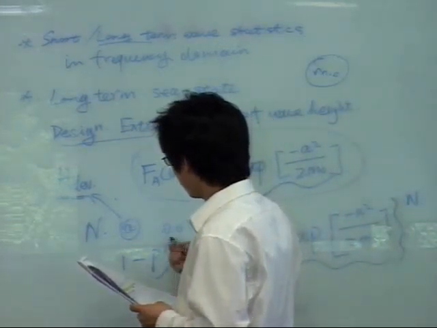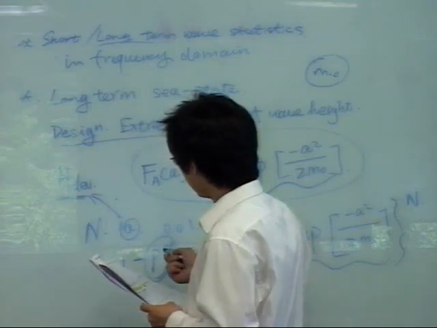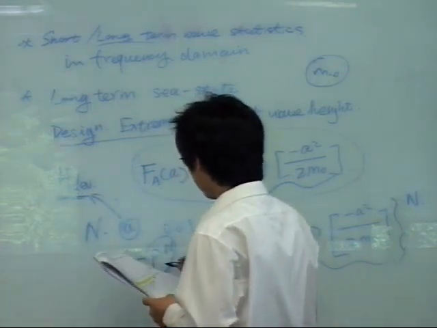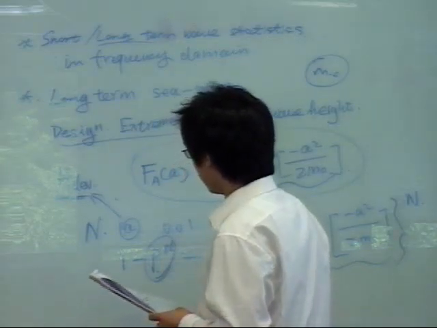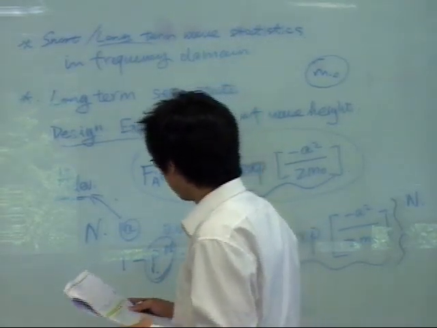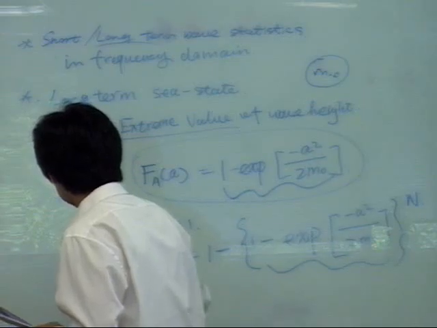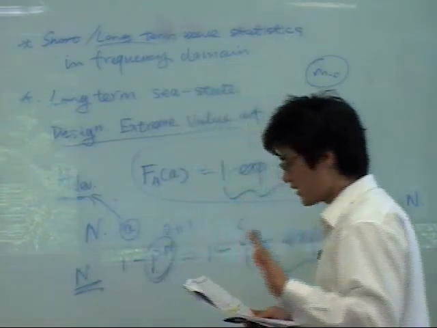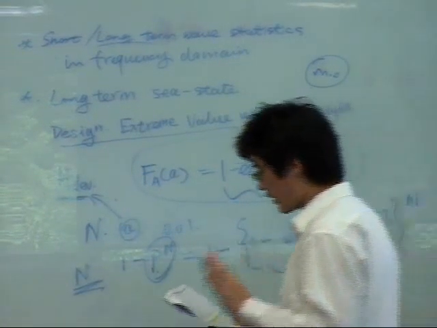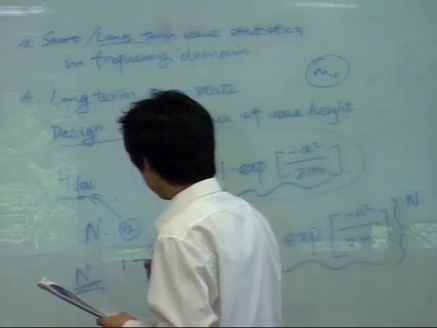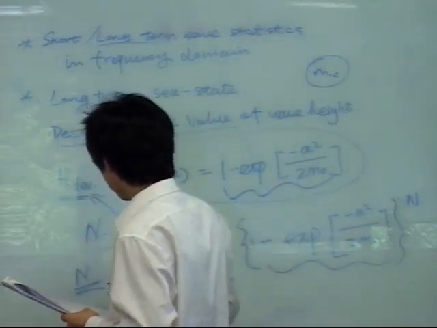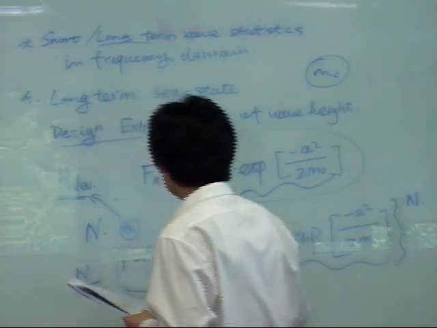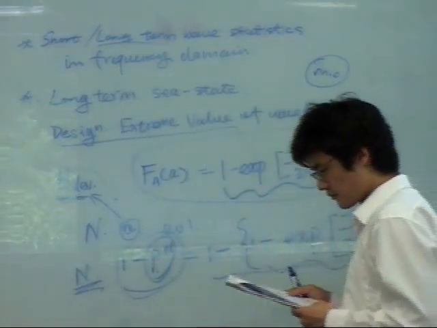For one wave that is lower than this design value is P. For n numbers of waves, then in this n number of waves, at least one wave amplitude will become larger than this design value. Is this probability, and it's like this.